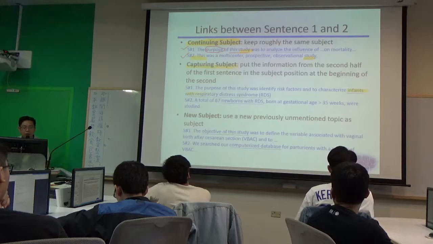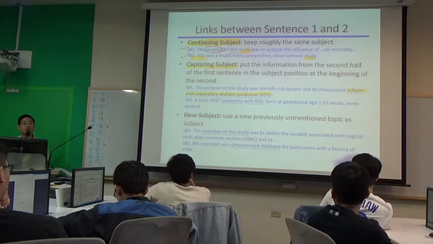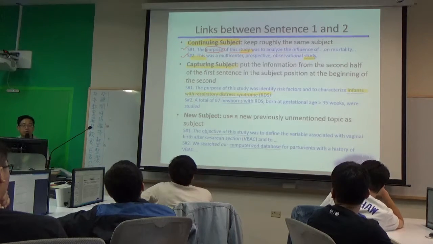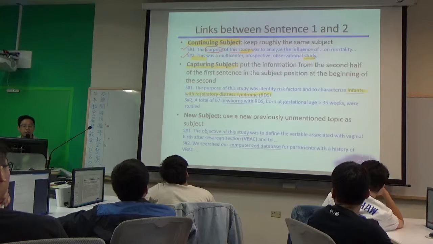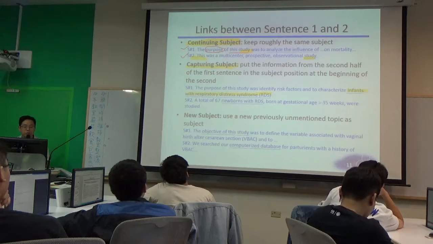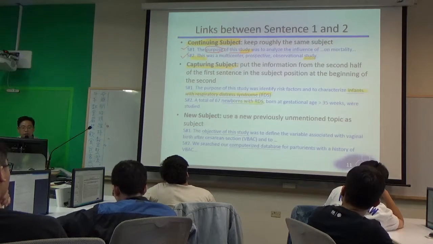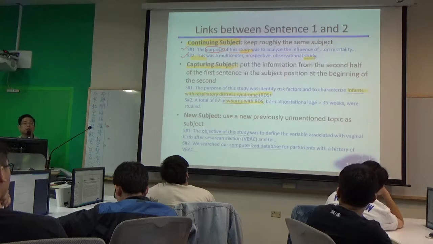Infants with RDS something. Okay. For the second sentence, the total 66 newborns with RDS born at this one were studied. So this is capturing subject.